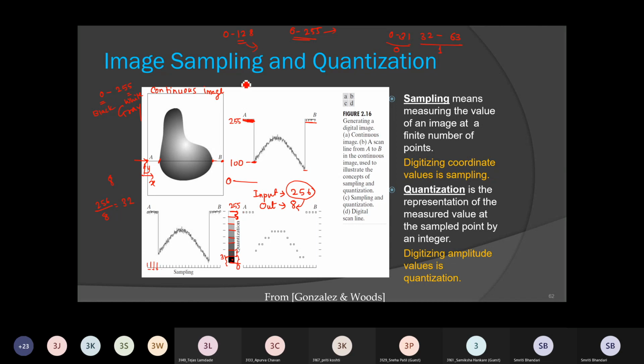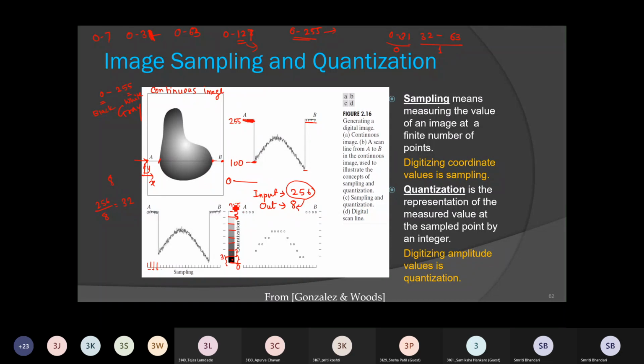If I'm having 0 to 128 values, that is also okay. So amplitude values are quantized. The original amplitude values 0 to 255, I may quantize to 0 to 128, or to 0 to 63, or to 0 to 32, or to 0 to 7.